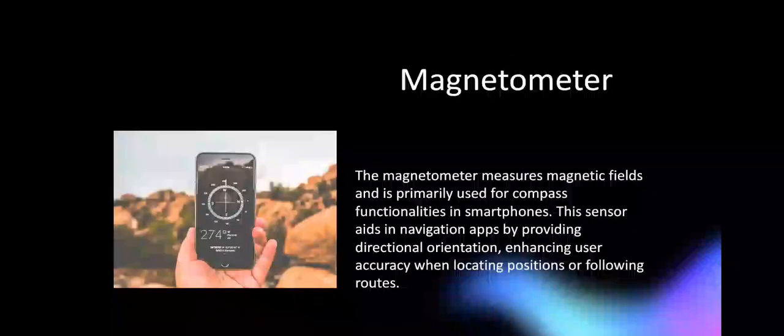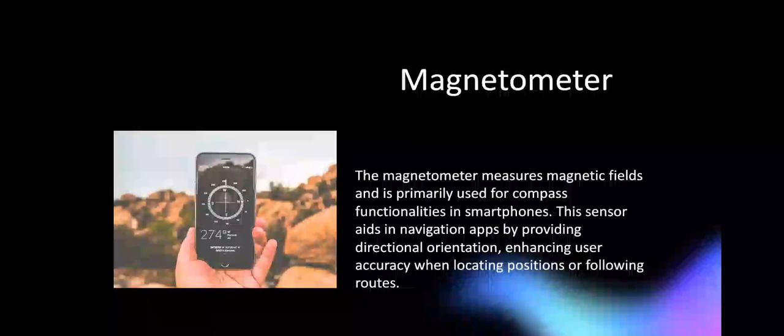And the next sensor is the magnetometer sensor. The magnetometer measures the magnetic field and is primarily used for compass functionality in smartphones. Compass functionality allows users to find direction and orient themselves while navigating.